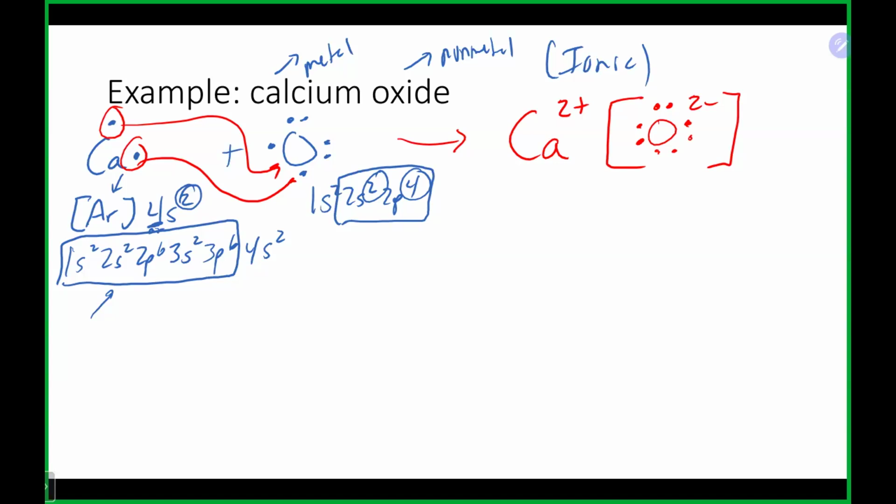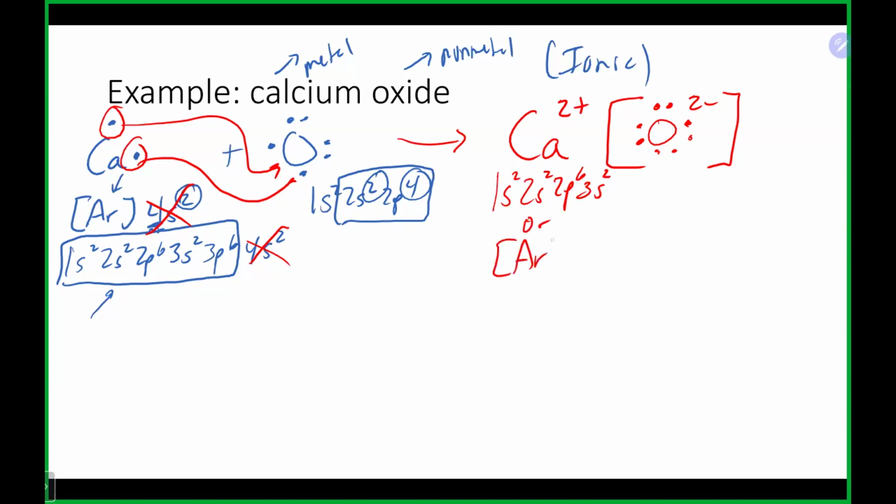Now, what happens in terms of our electrons? Well, calcium gets rid of its 2 valence electrons, whichever one you want to take it from. And that's going to leave calcium with a +2 charge of 1s2, 2s2, 2p6, 3s2. And then once again, if you count up the top numbers, that is 18 electrons.